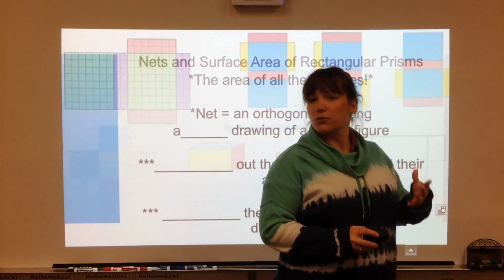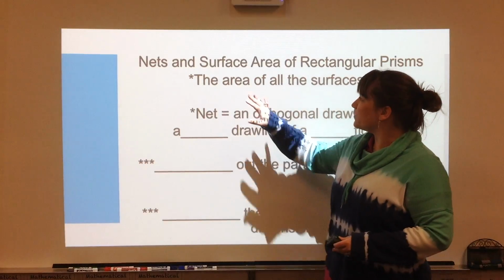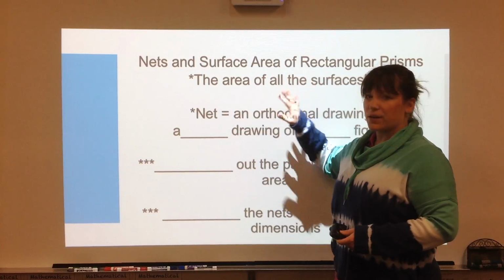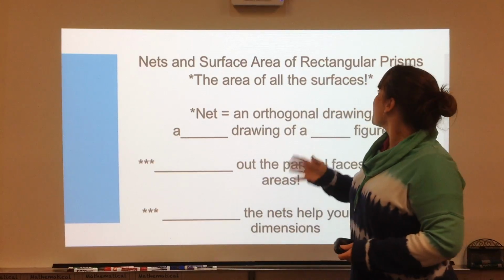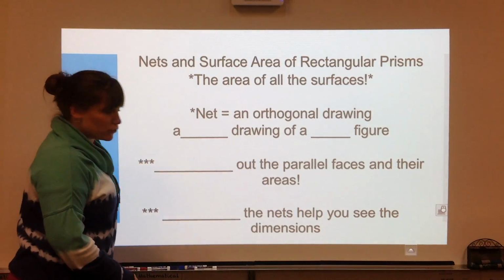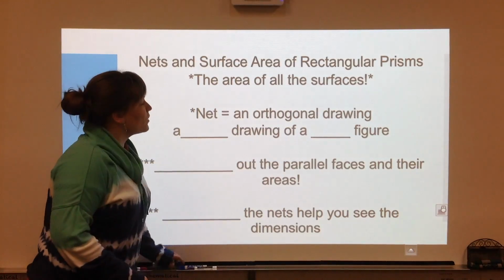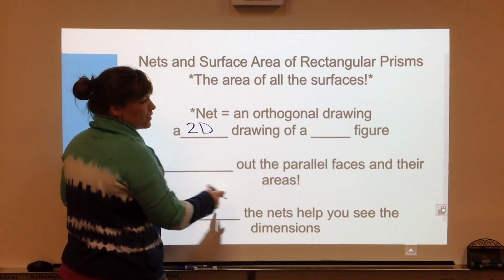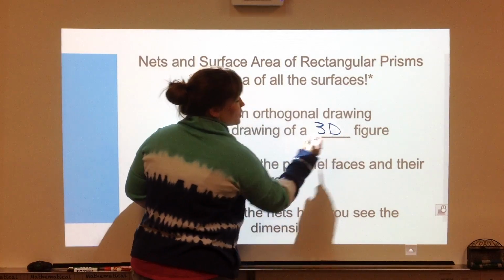So just to review what we did in class, the surface area is what we're talking about. It's literally the area of all the surfaces, and the net is an orthogonal drawing. We said that earlier. And that means it's a two-dimensional drawing of a three-dimensional figure.